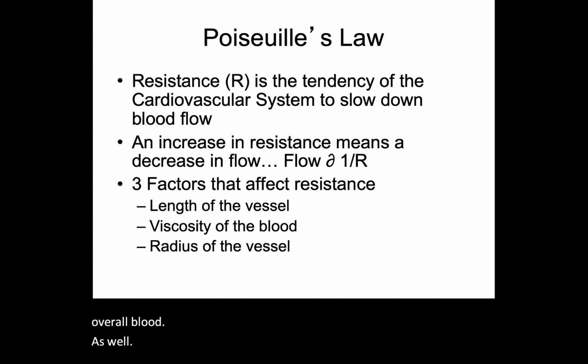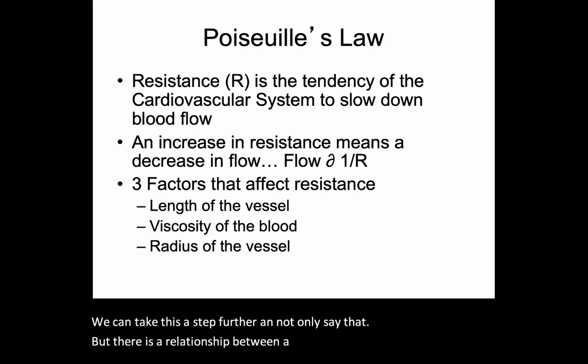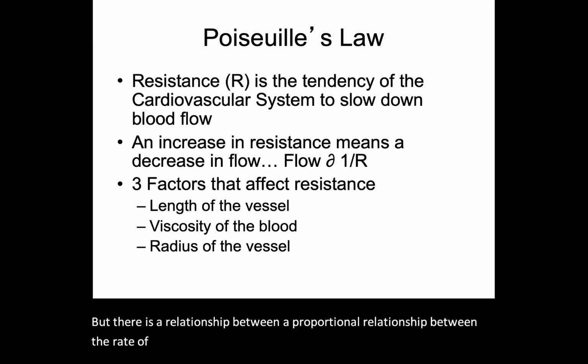Now, we can take this a step further and not only say that there is a proportional relationship between the rate of flow and pressure, but we also need to consider the forces that are working against flow.